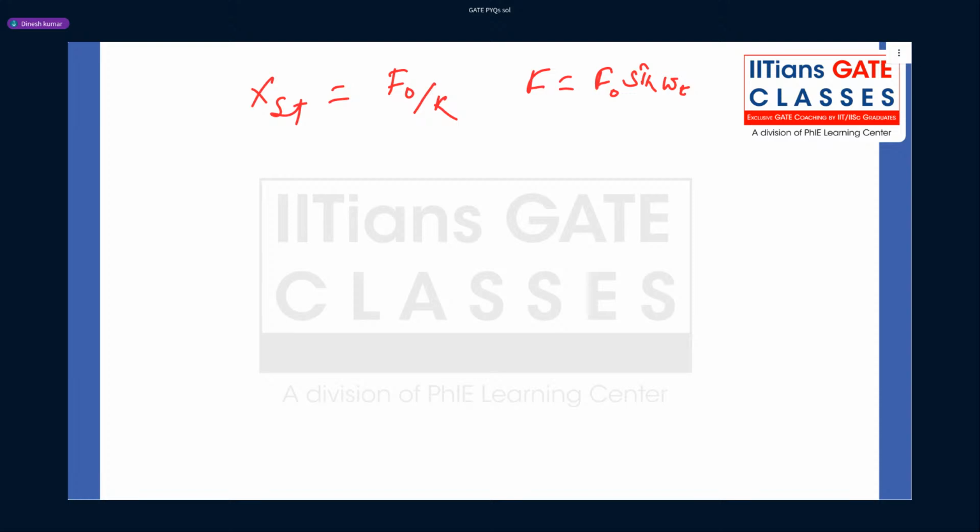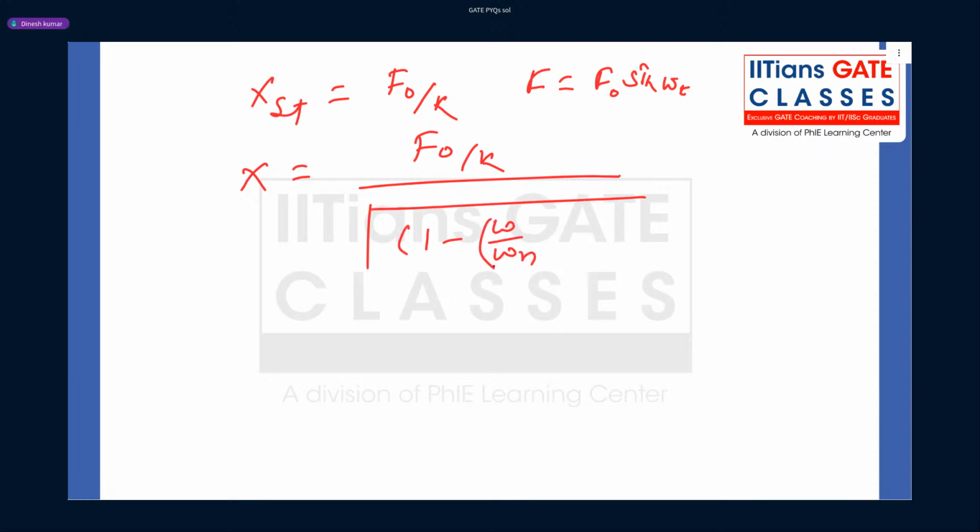So X static is F naught by K. Usually we know the amplitude of the steady state response of forced vibration is given by F naught by K upon under root of (1 minus (omega by omega n) squared) whole squared, plus (2 zeta omega by omega n) squared.